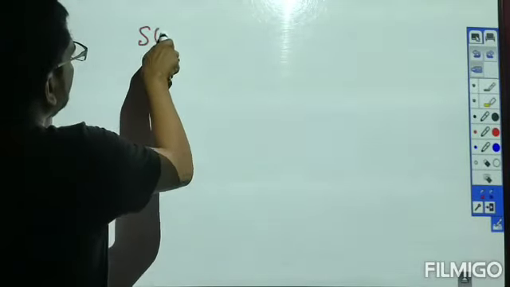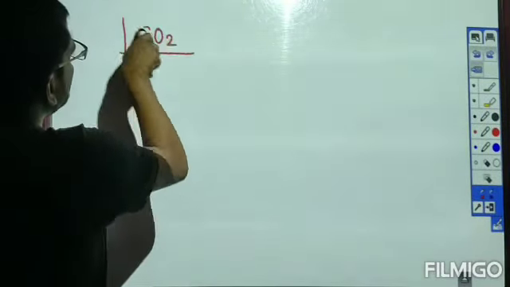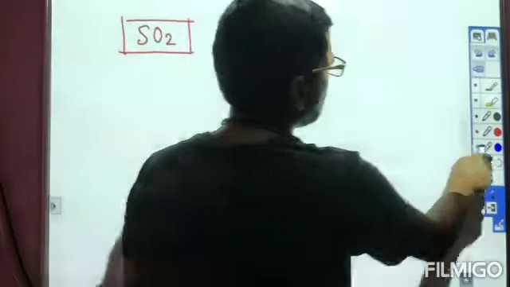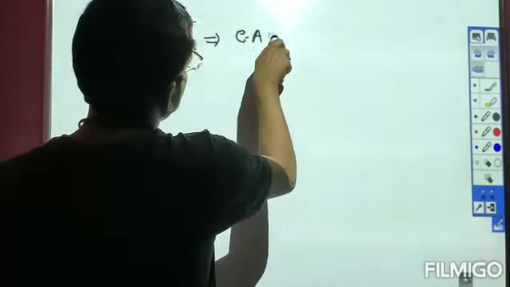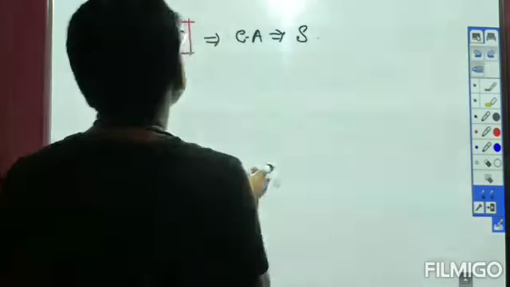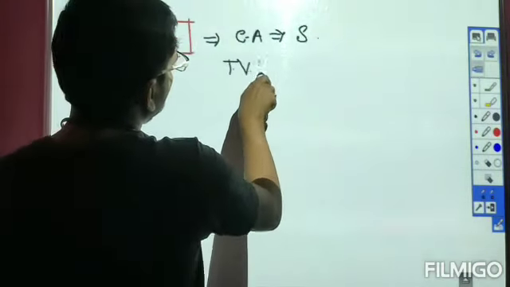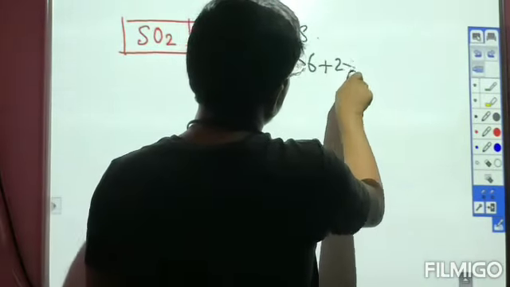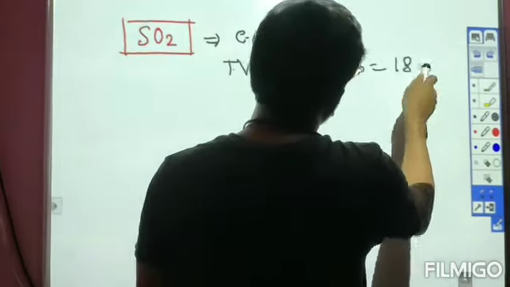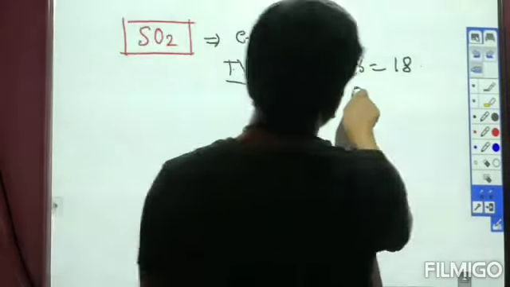Sulfur dioxide, SO2. Central atom is sulfur. Total valence electrons: 6 plus 2 multiplied by 6, that will give you 18. So is there any lone pair of electrons?